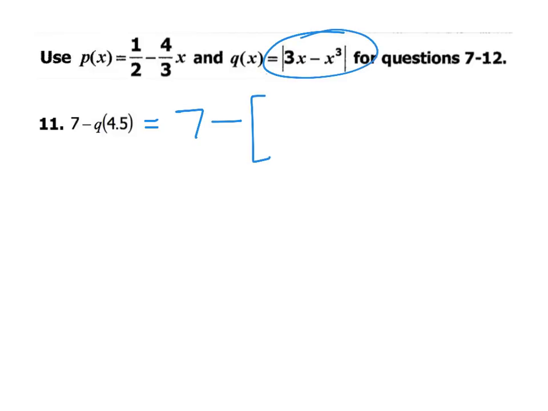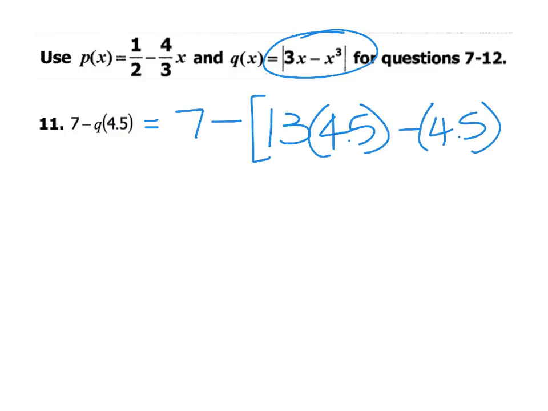We use a bracket to help us remember that we want to solve it first before doing 7 minus that value. So absolute value of 3 times 4.5 minus 4.5 to the 3rd power, and the absolute value of that. Those brackets remind us we've got to solve what's inside them first.